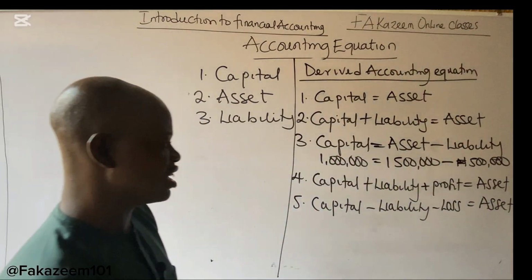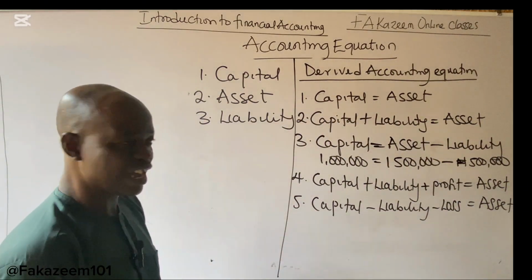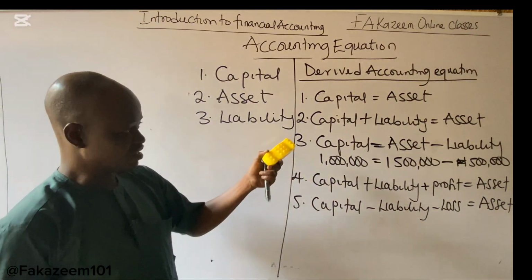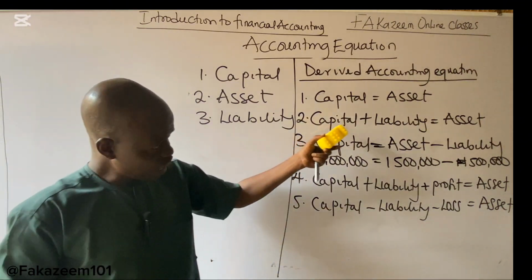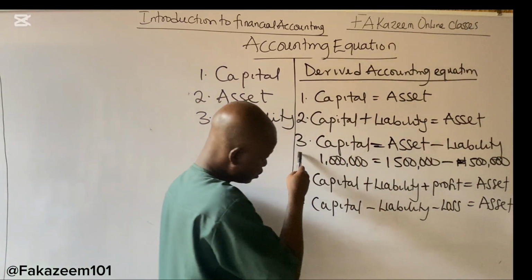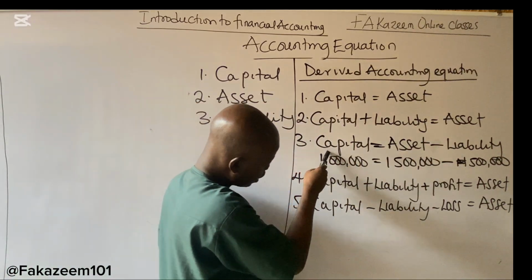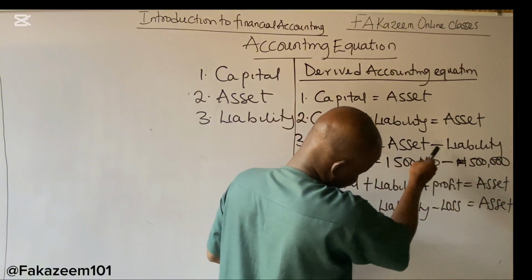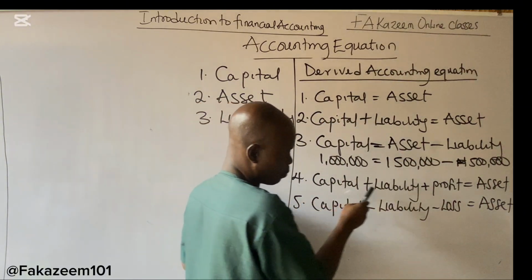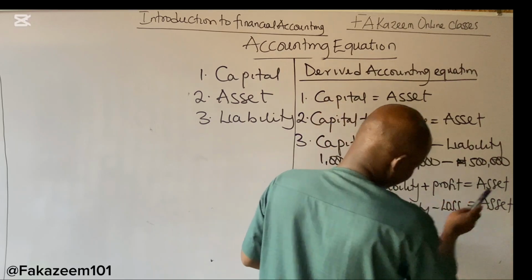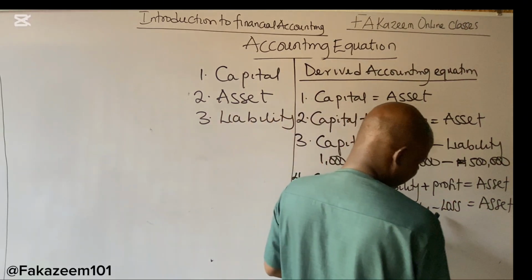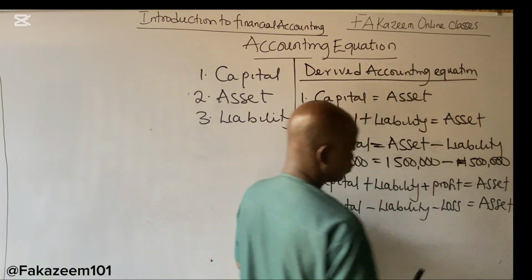These are the 5 accounting equations we have. The first says capital equals asset. The second says capital plus liability equals asset. The third says capital equals asset minus liability. The fourth says capital plus liability plus profit equals asset. The last says capital minus liability minus loss equals asset.